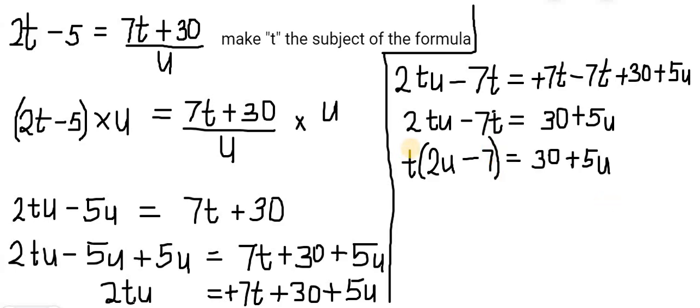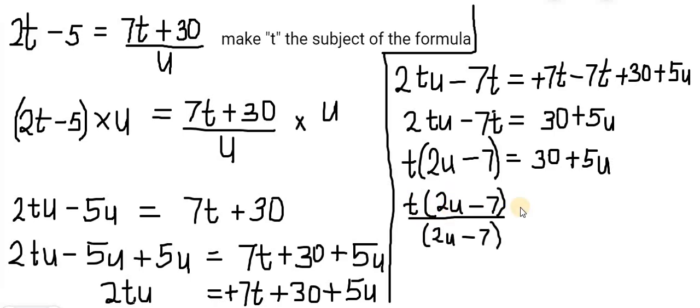Now, we have t in one place, but it's also attached by an invisible multiplication sign to 2u minus 7 in a bracket. So, to get rid of 2u minus 7, I use the opposite or inverse sign, which is a division, to get rid of 2u minus 7 from around t.